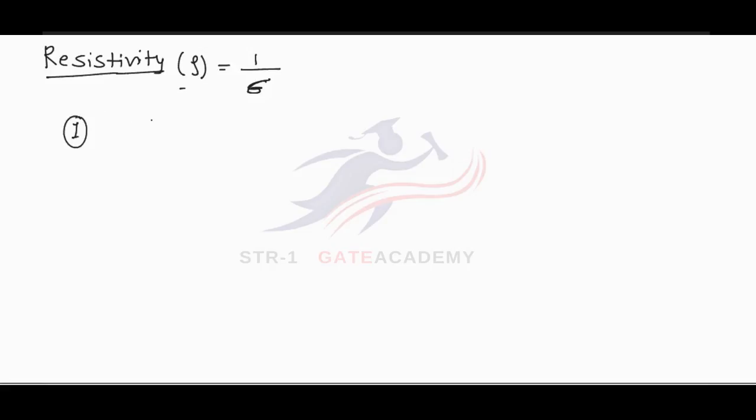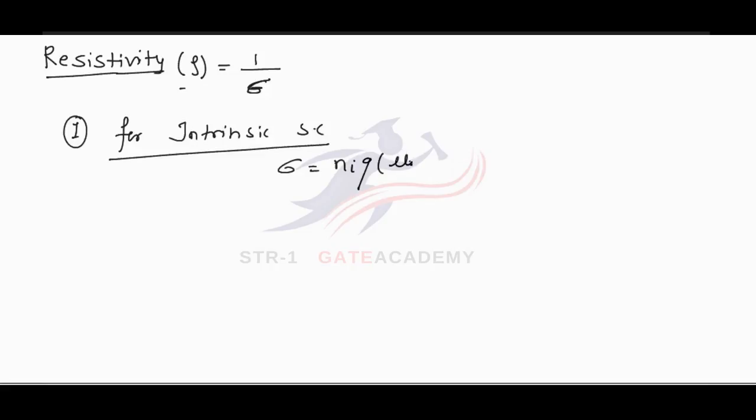First, for intrinsic semiconductor, sigma equal to Ni into Q into (mu n plus mu p). So its resistivity will be defined as rho equal to 1 upon Ni into Q into (mu n plus mu p).